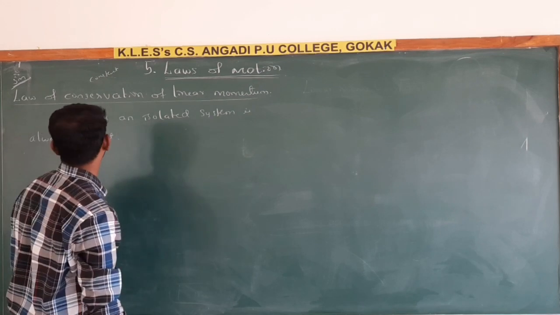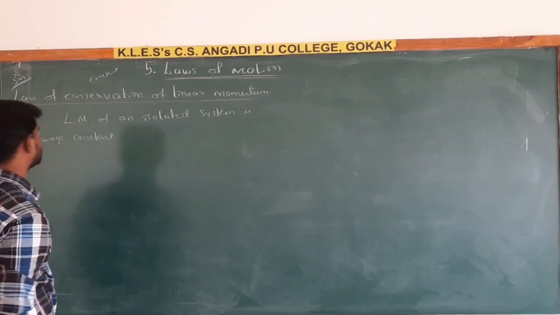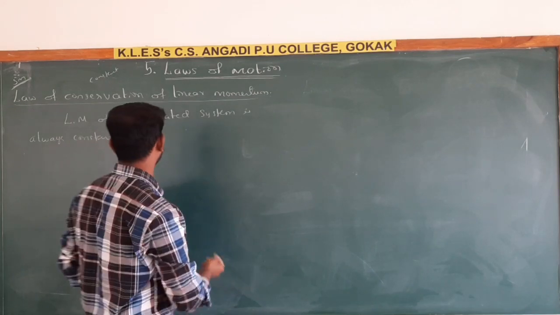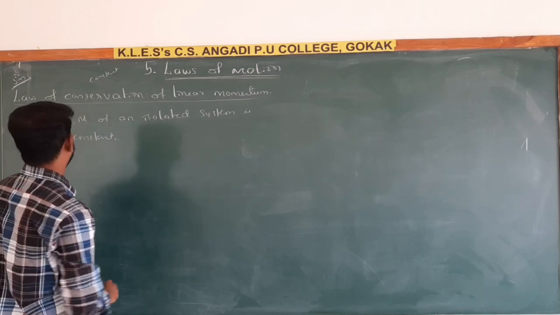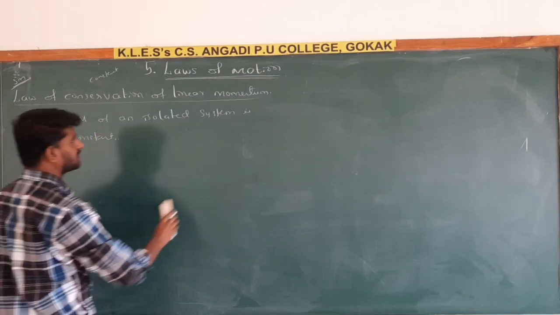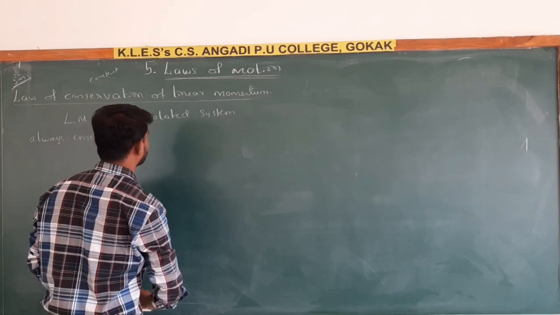This is the statement of law of conservation of linear momentum. So if you take any system, the linear momentum of an isolated system is always constant, a system of interacting particles.